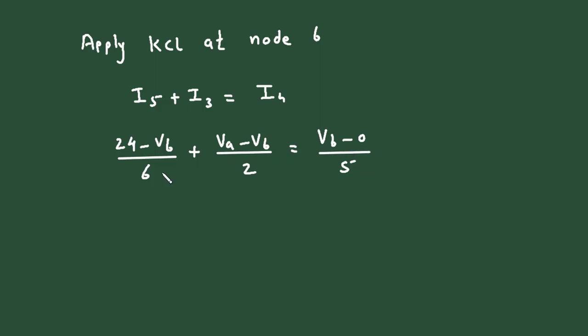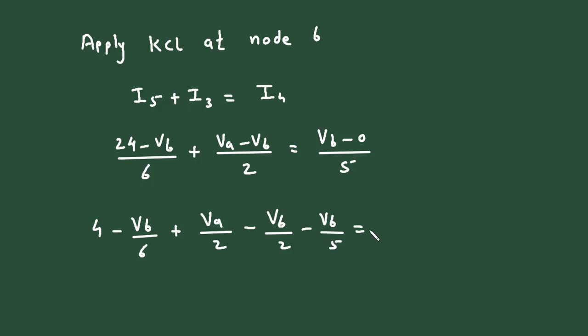Now let's simplify this. So it will be 24 by 6, so this will be 4 minus VB by 6 plus VA by 2 minus VB by 2. If we take this on left side, it will be minus VB by 5 is equal to 0.